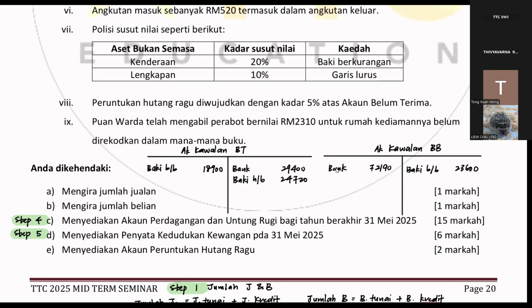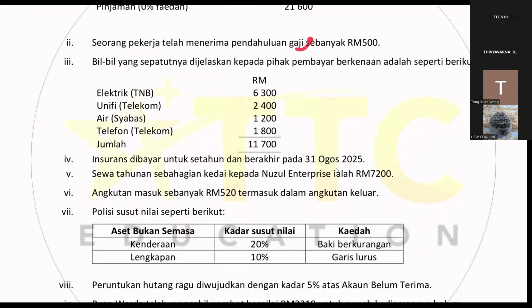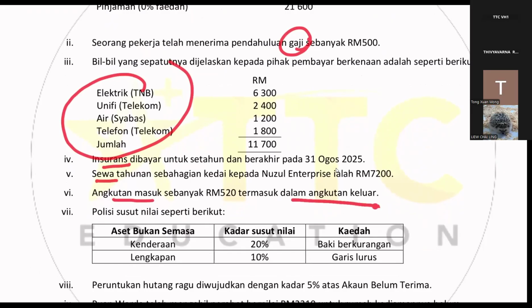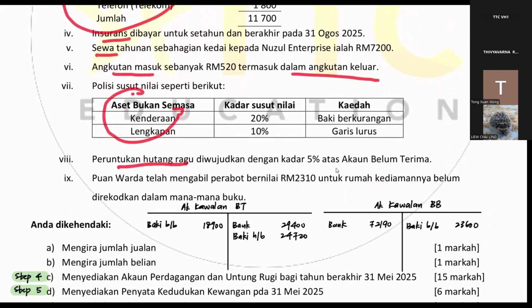24,720. Okay, let's scan through the rest of the question to look for ABB, ABT. Next part, gaji. Nothing to do with ABB, ABT lah. Same for electric, all this kadar bayaran, insurance, server, angkutan, nothing to do with ABB, ABT. SN also no. Is PHR affecting ABT directly?